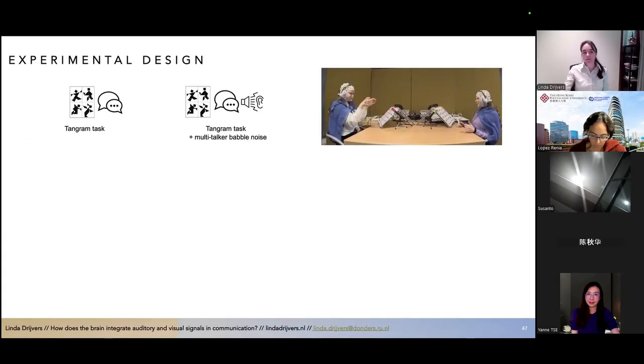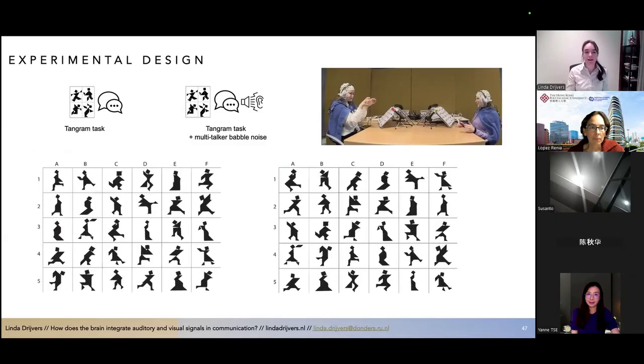Now, what people did was they came to the lab and they talked to each other while they were wearing EEG, so that we could actually measure their brain activity in a live conversation. And we decided to do the tangram task with a lot of different tangrams that they would have to match up together. So they would have all of these different forms, and I'm going to show you an example in a bit, and they would have to end up with the same grid. And we didn't do it in a way where one was the director and the other was the matcher.